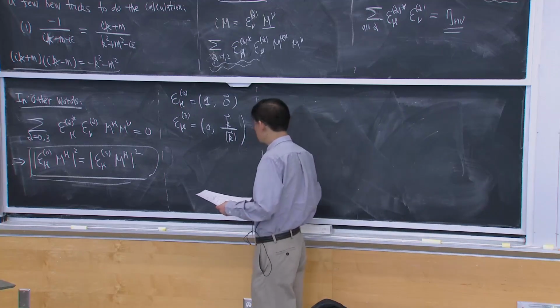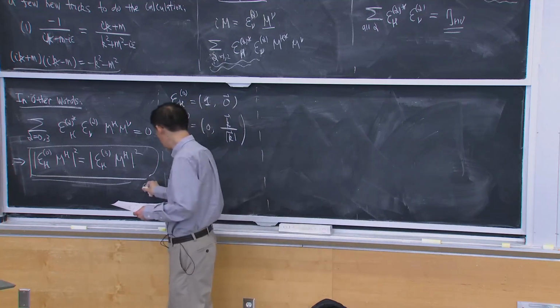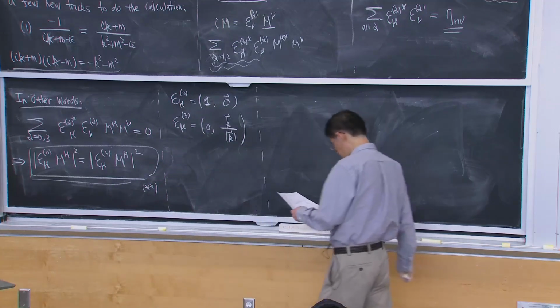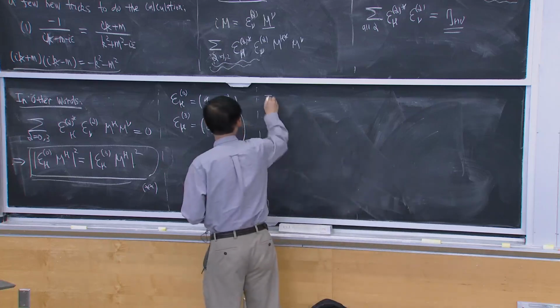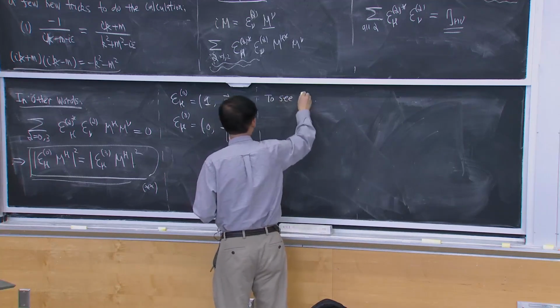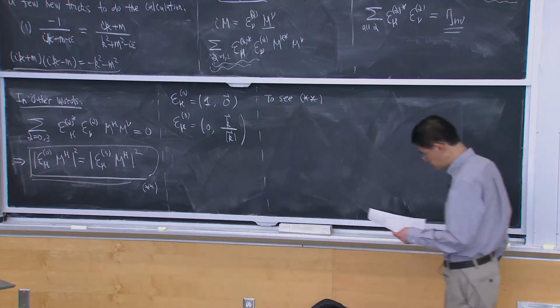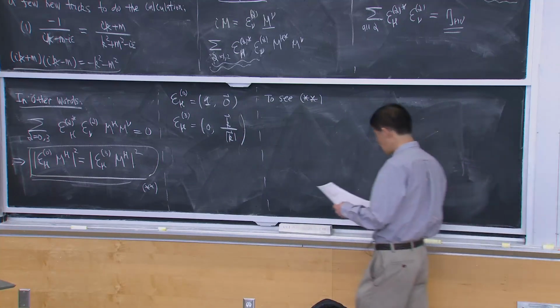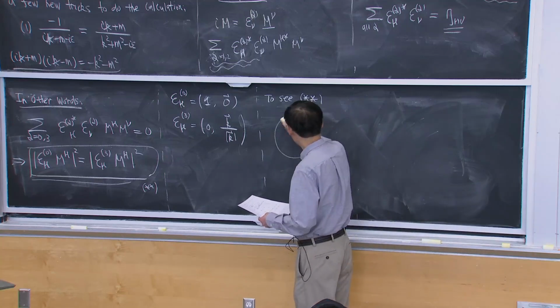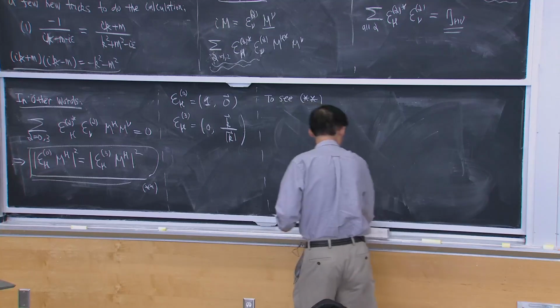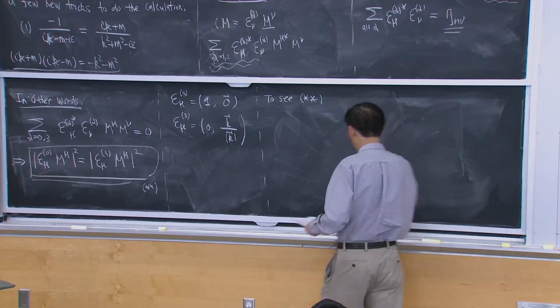So now to see this equation, let me call this equation star star. Let's consider just a general physical process. We can actually make a general statement, not just restricted to that particular example we have here.